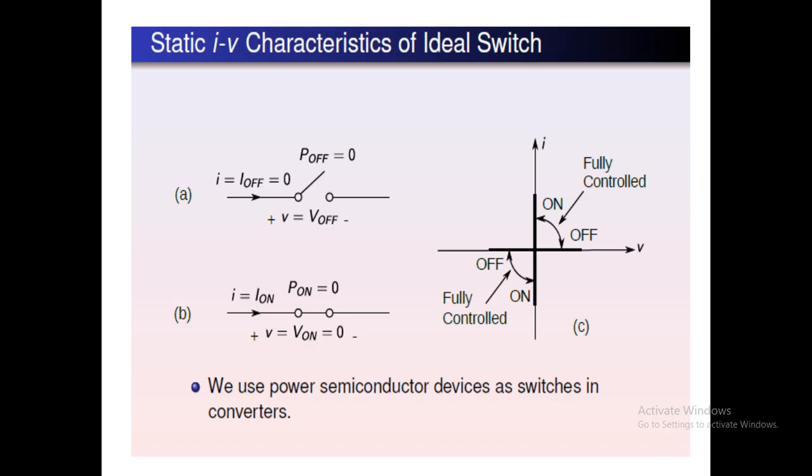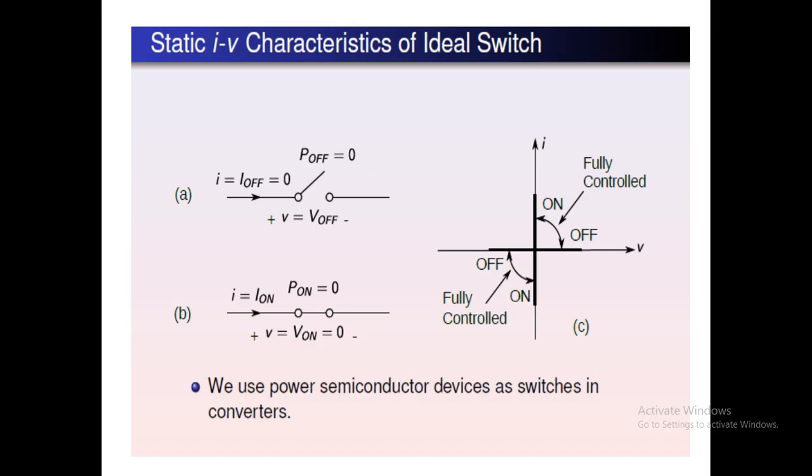The transition from off to on or on to off would happen in 0 seconds in the ideal case, but in practical cases it will not, so it will take some time. There will be some transition time for the turn off process to the turn on process, and also from the turn on process to the turn off process.